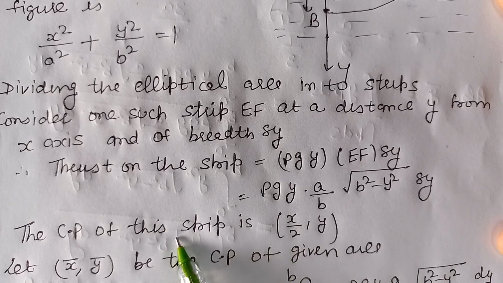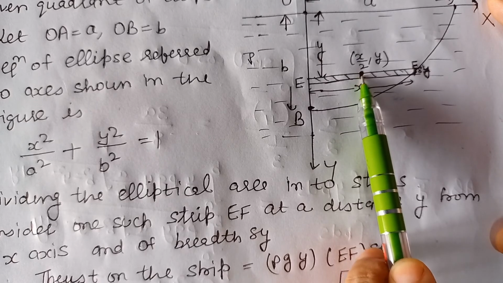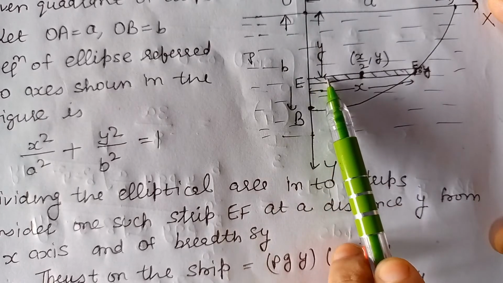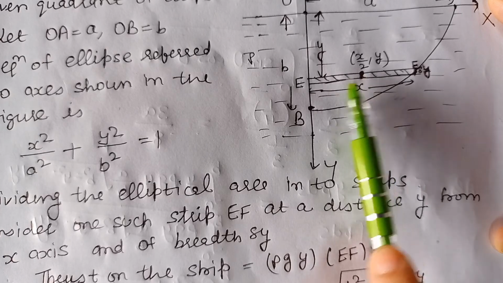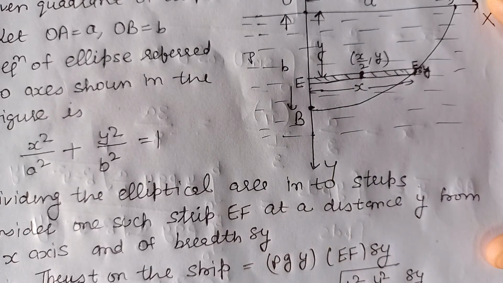Now the center of pressure of this strip EF is the midpoint of the strip. At the midpoint we have this distance x by 2 and this distance y. So the coordinates of the center of pressure for the strip EF are x by 2 and y.